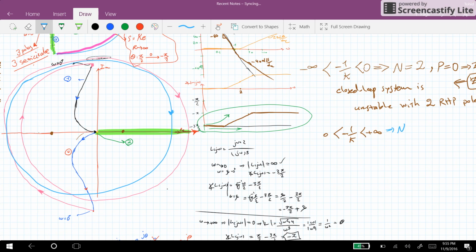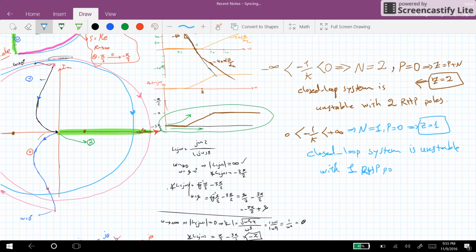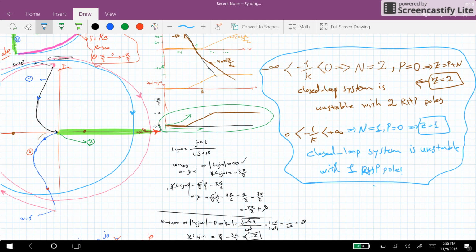So in this area, n will be equal to 1, and since p is already equal to 0, we will have z equal to 1. And this means that the closed loop system is unstable with one right half plane pole, or one unstable pole. As a result, we can see that for any value of k, for k in R, the closed loop system is unstable.